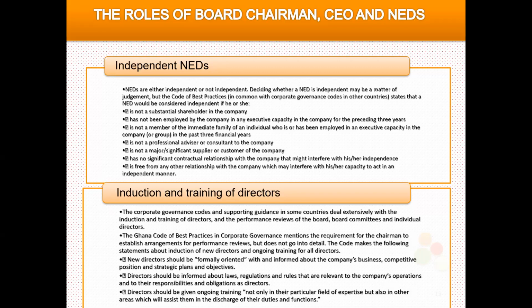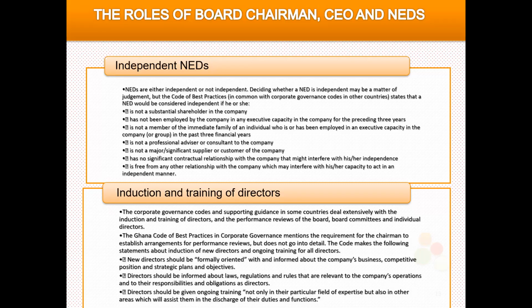It's very, very crucial. When we say a non-executive director is independent, it means that that person is not a substantial shareholder in the company and has not been employed by the company in any executive capacity.